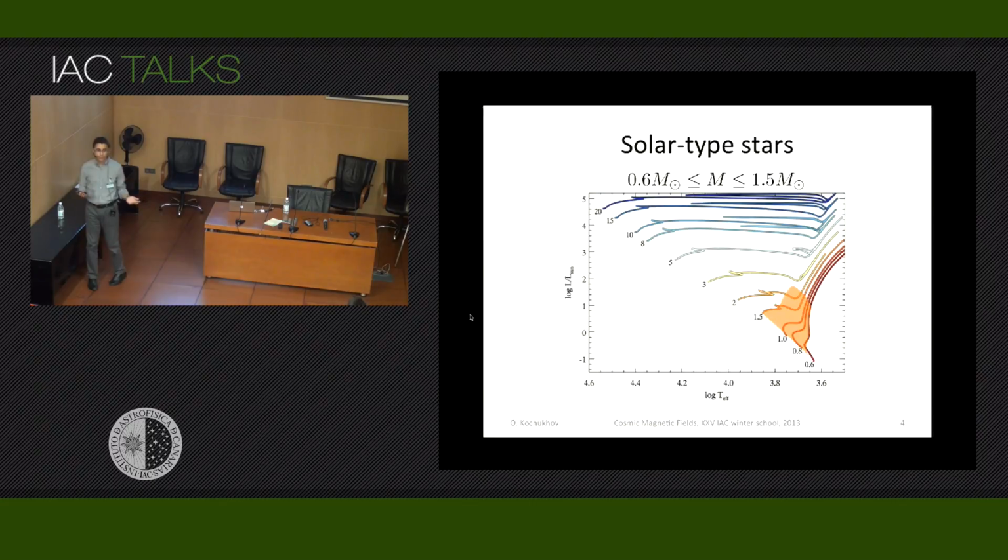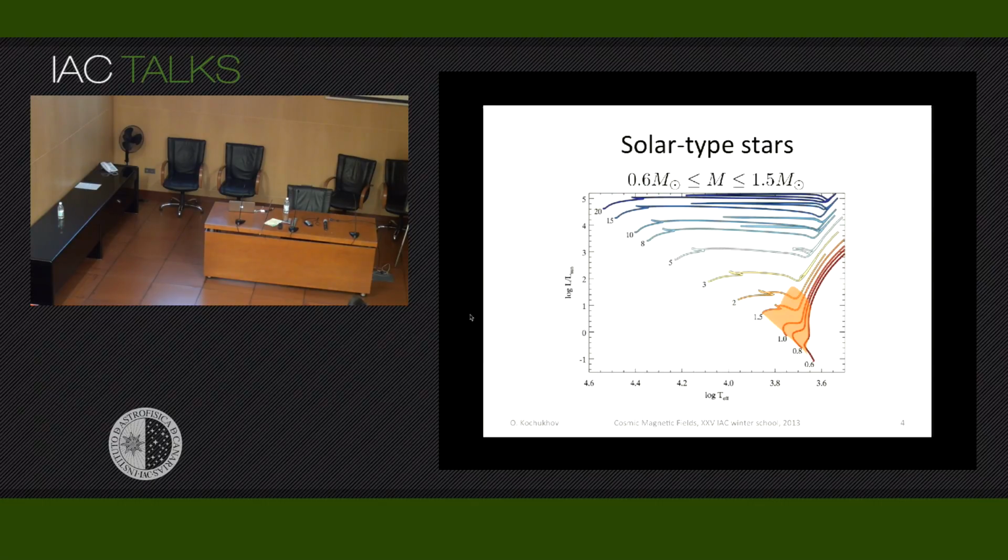So something with a temperature, maybe a spectral class between F and maybe late K. So stars which are sufficiently cool to have large surface convection zones, and maybe close to the main sequence, but maybe also slightly evolved, with giants and subgiants, and in this range of masses.